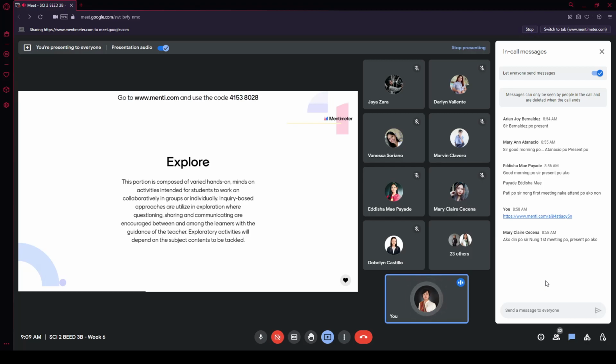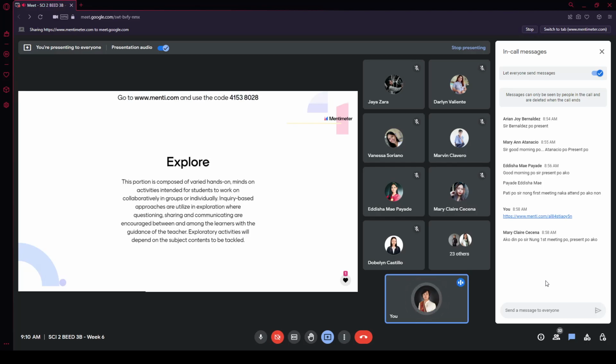So for physics and earth and space, it's actually easier to make examples out of this compared to, I would say, chemistry and biology. Although for chemistry, you could have some sort of realia, or you can bring an actual model. For biology, it's actually easier, right? You have your animals, your plants.